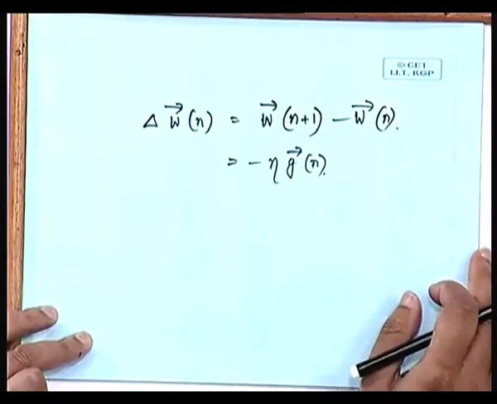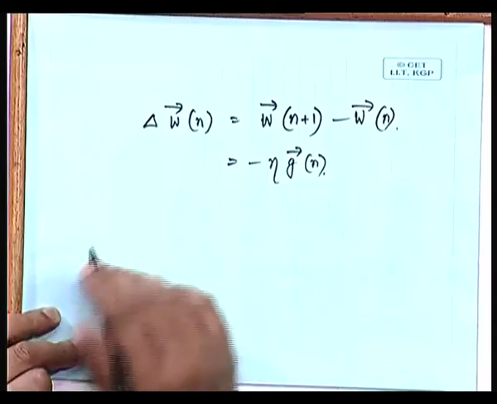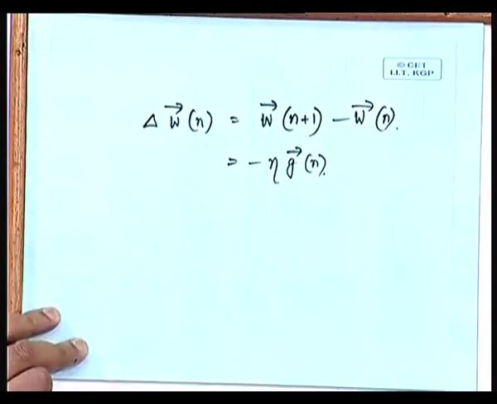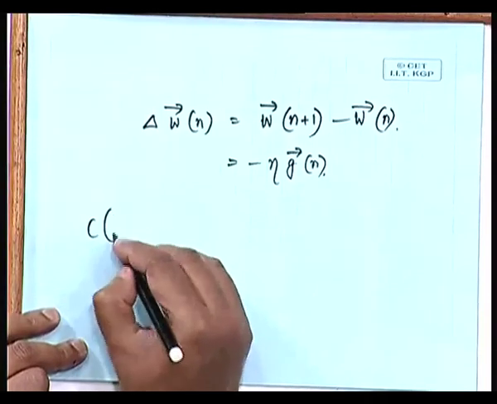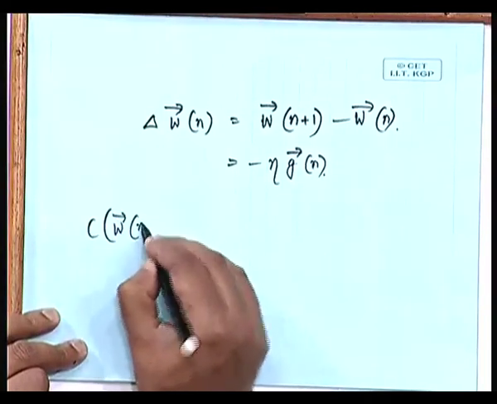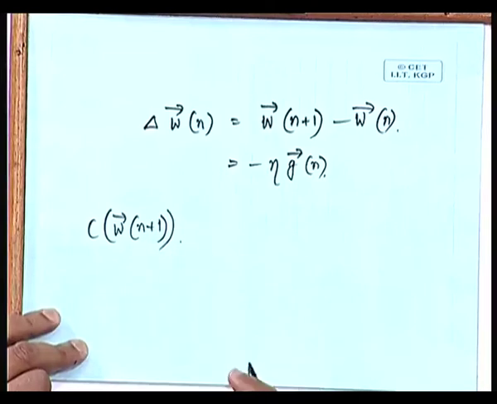Now, our starting point was that we must know the cost at the n plus 1th iteration. Am I right? That is what we are looking for, isn't it?